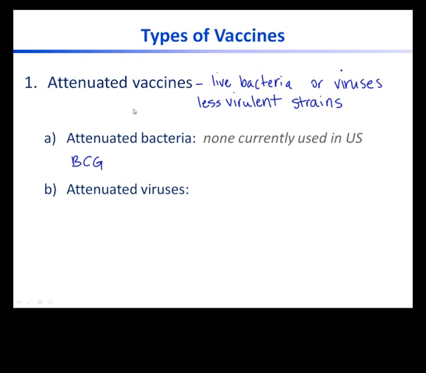There are several examples of vaccines that are attenuated viruses. The FluMist vaccine is one example. This is a nasal mist vaccine that protects against influenza. The MMR vaccine protects against 3 viral diseases: measles, mumps, and rubella.